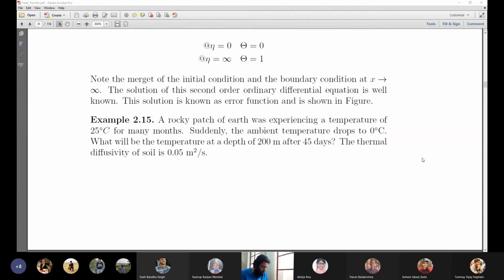The plan is simple: eta is given because Z and T are given, and temperature is being asked. Theta is the error function of eta. So get eta, get theta, from theta get T. That's the plan. So eta is 0.2268, and now what is theta?